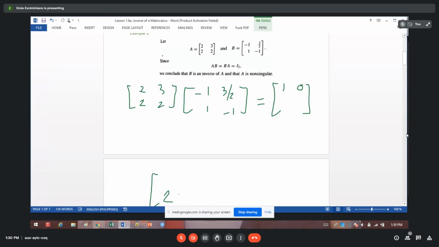For the second row entries with the first column entries, multiply, get the cross products and add. We'll get 0. Then this, 2 times 3 over 2 is 3 plus negative 2. So 3 minus 2 is 1. Okay? So we have a product equivalent to an identity matrix.